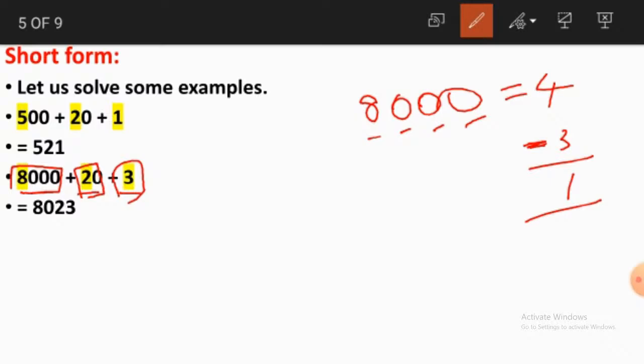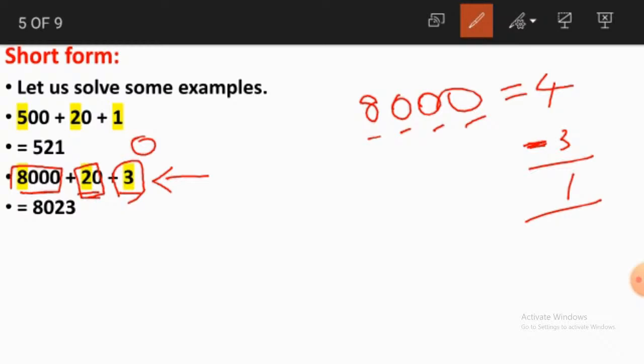Now we have to find out which term is missing. For that we have to write the place values of the terms, starting from the right. We write place values always from the right side. 3 is in which place, children? 3 is in 1's place.